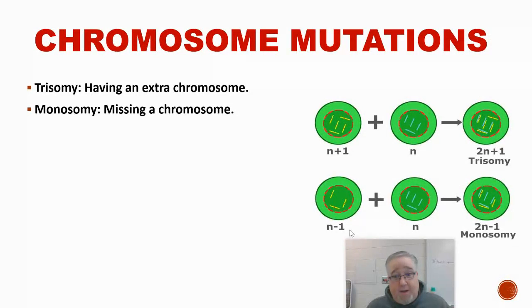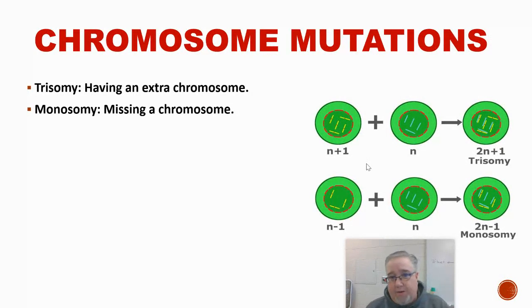So if they combine together, you're going to get your N plus N. So there's your 2N, there's your 46, minus 1. So this zygote here would have 45 chromosomes. This zygote up here would have 47 chromosomes. Okay, so I think it's easy to understand how that could occur.